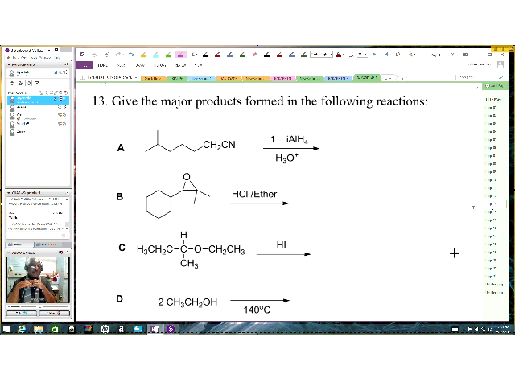Anyway, let me go ahead and read this question here. The question says, give the major products formed in the following reactions. This is another case of knowing your reagents. So let us look at the first one here. In A you have a nitrile. Keep in mind you have a nitrile, which is this molecule here.